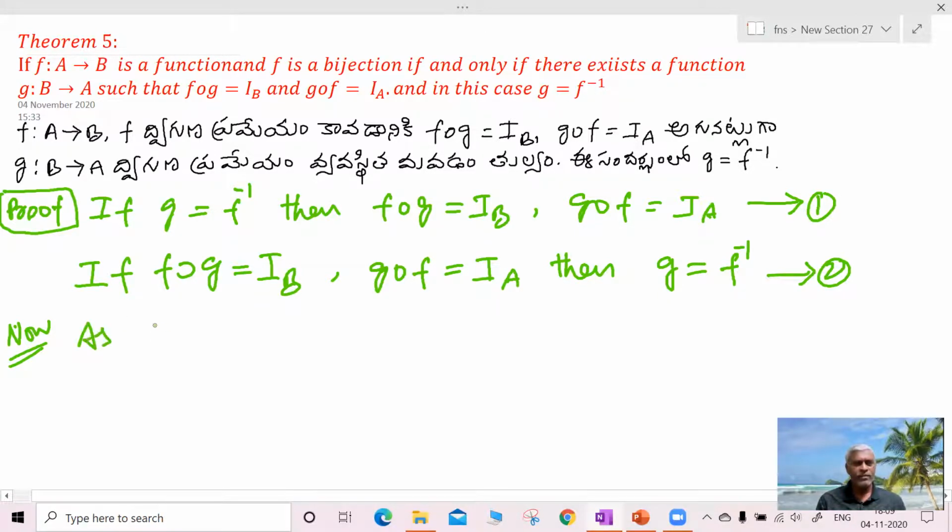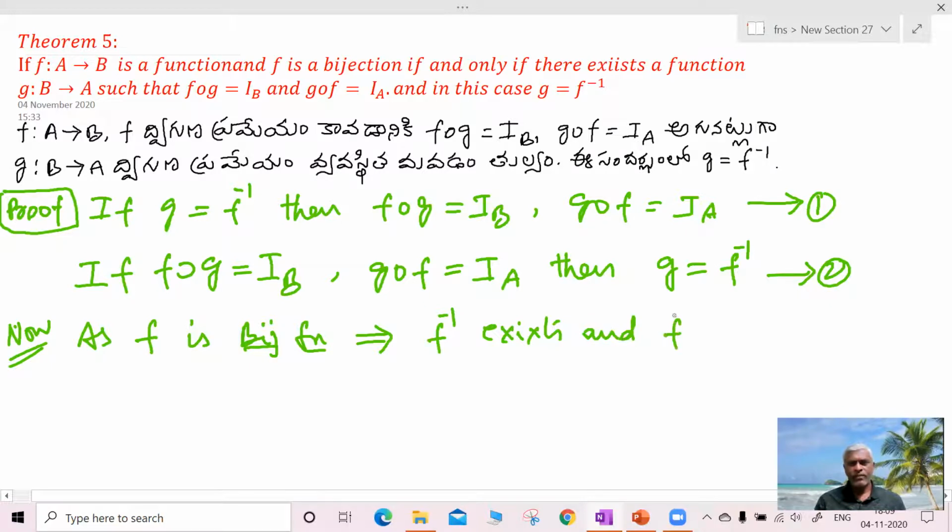As f is a bijective function, it implies f inverse exists, and as f is from A to B, f inverse will be from B to A. f inverse exists.